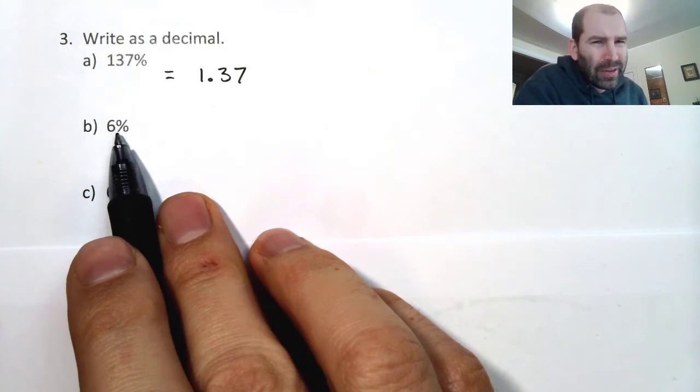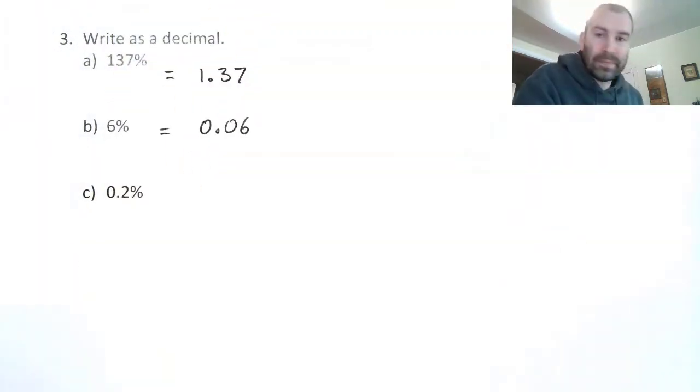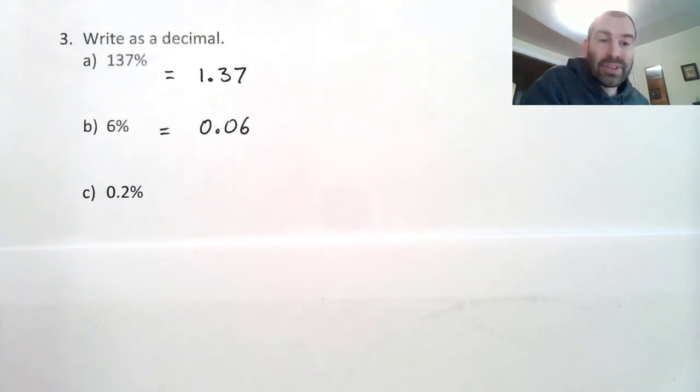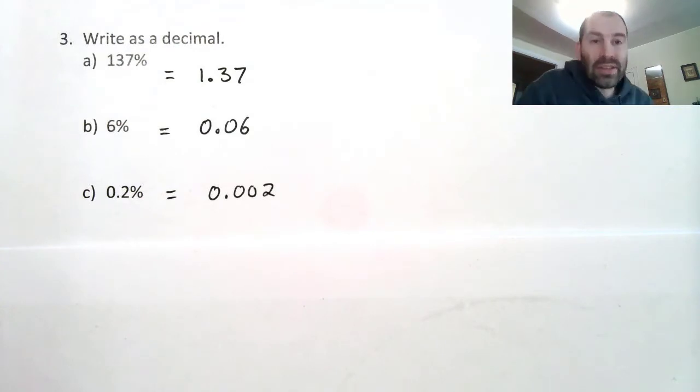We don't write it when it's right there, but that's where it is. We're going to move it 2 spaces to the left. So as a decimal, 6% is 0.06. And what about 0.2%? Well, if I move that decimal place 2 spaces to the left, we get 0.002.